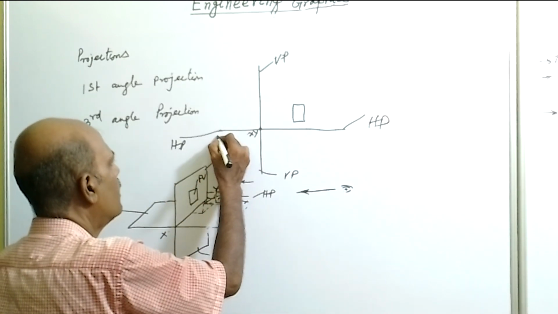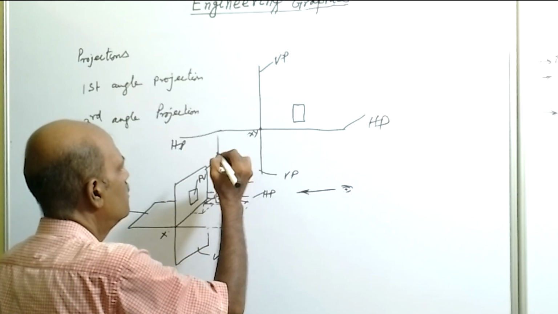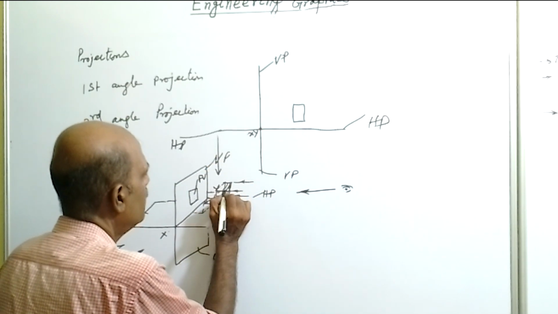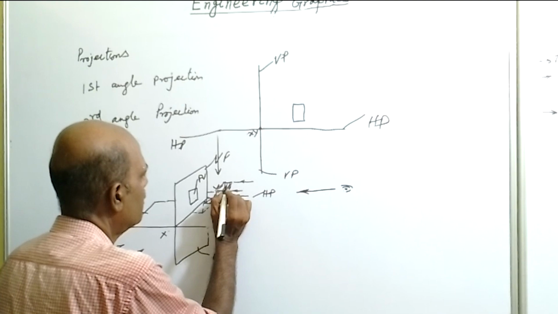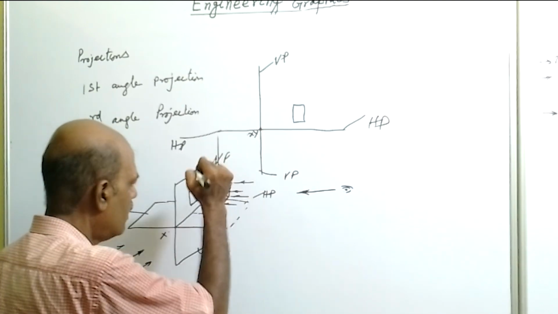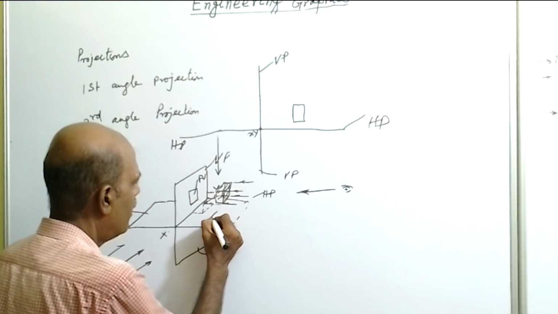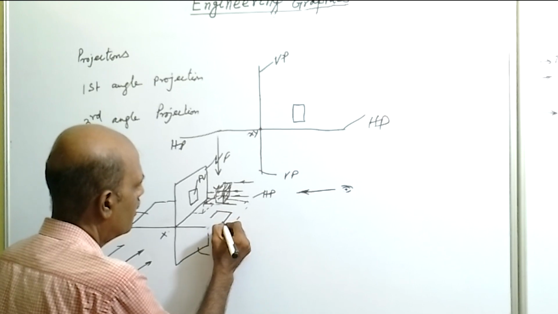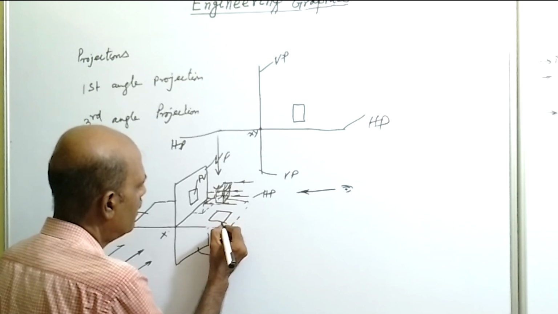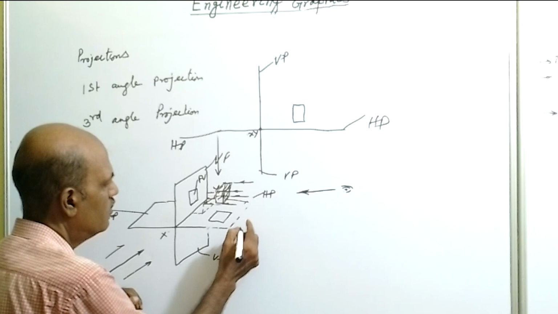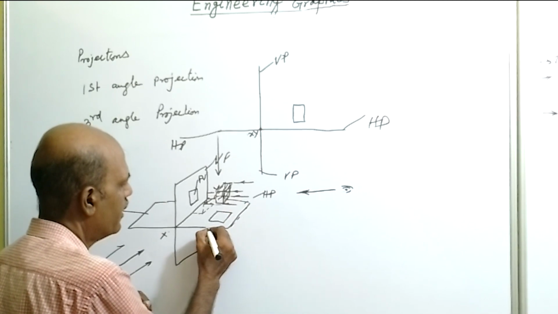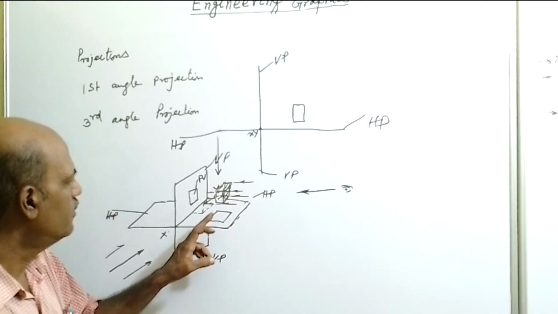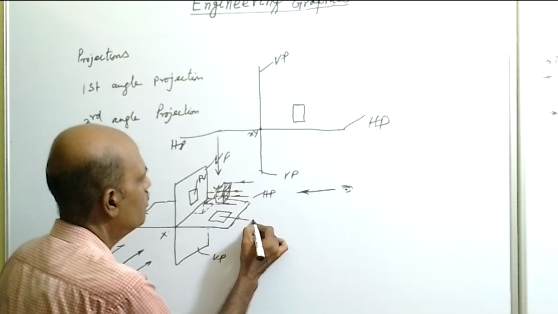If the observer looks at the object from the top, this face will be visible to the observer, and the image will be formed on the horizontal plane, and this is called the top view of the object.